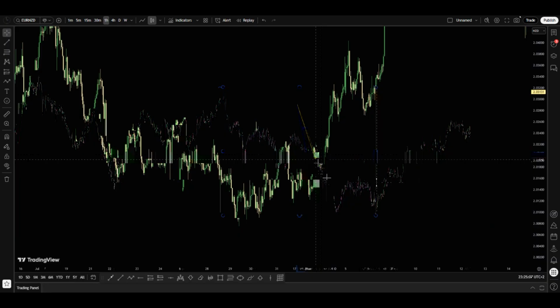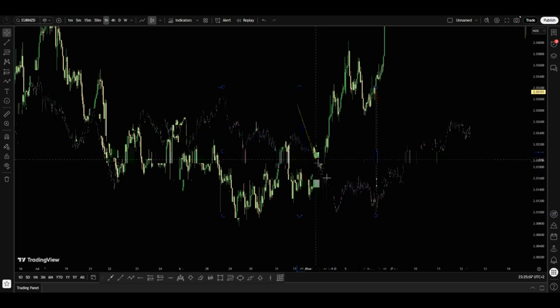Then went back up to create a high. Then when we pushed back to the downside, that's where we saw that now we are creating a bullish reversal.